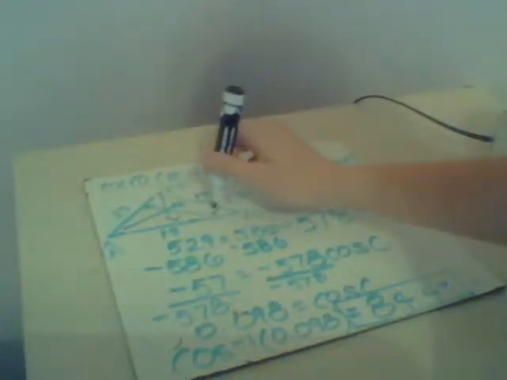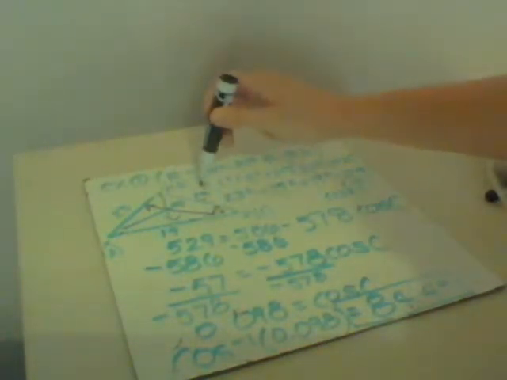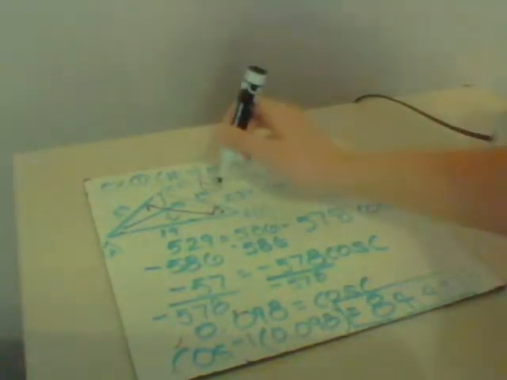The corresponding side is 23. First, we're going to write the equation: c squared equals a squared plus b squared minus 2ab cosine C. I really recommend you write the equation every time to remind yourself what you're solving for and the steps you're going to proceed in.